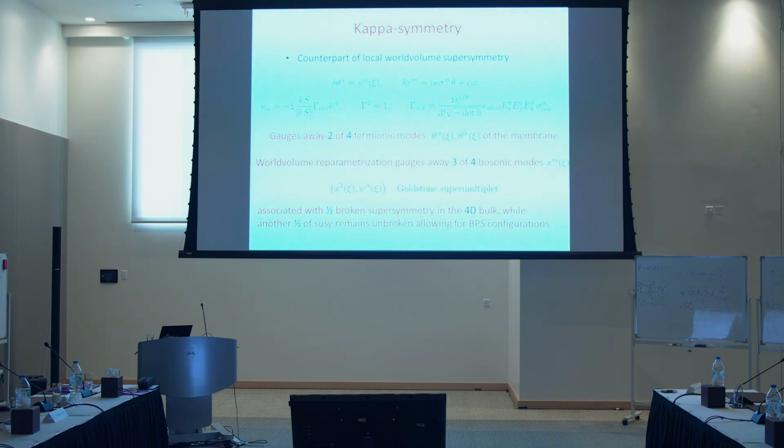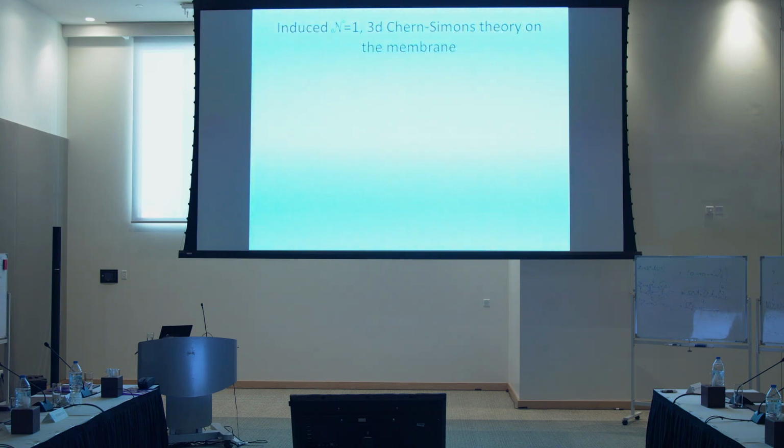And to see that indeed there is a BPS configuration of this membrane, let's just set all the components of the Goldstone multiplet to 0 and see what's going on with the static membrane.